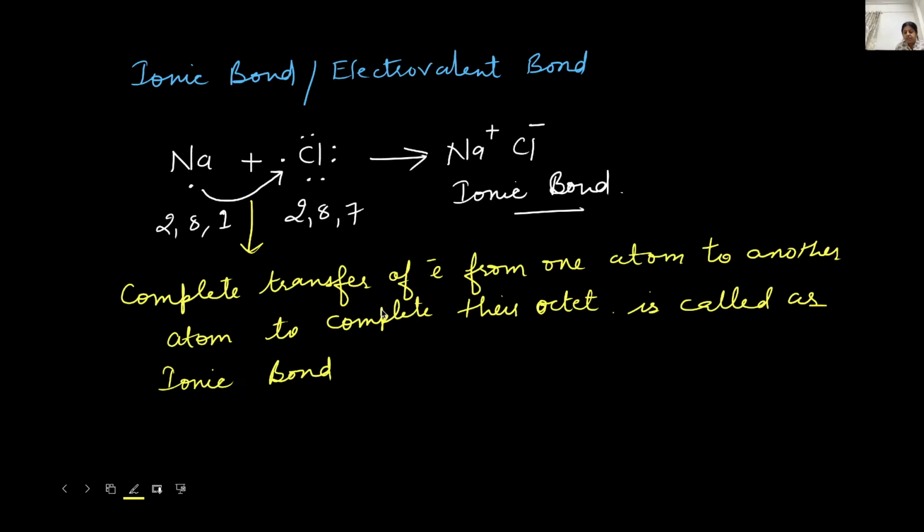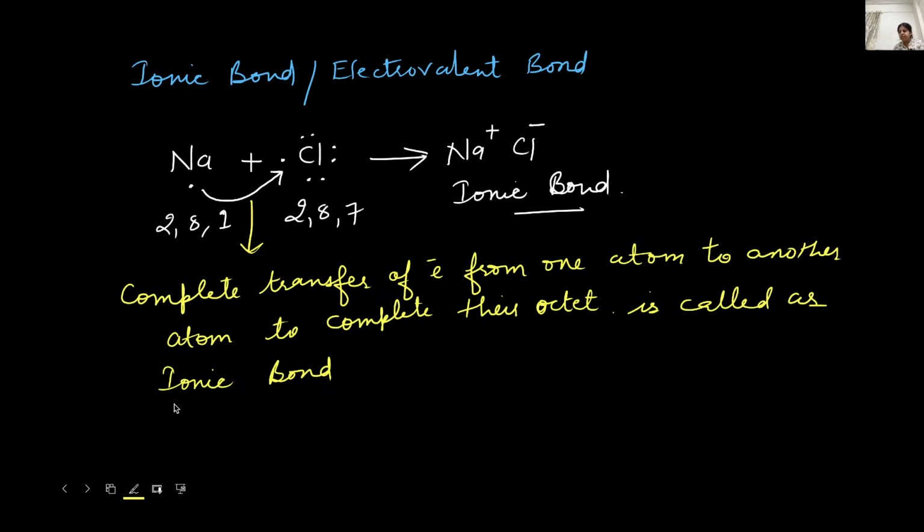Are you getting, students? Have you got the definition of ionic bond? So this is called ionic bond or electrovalent bond. In this case, the atom which generally loses the electron carries the positive charge.